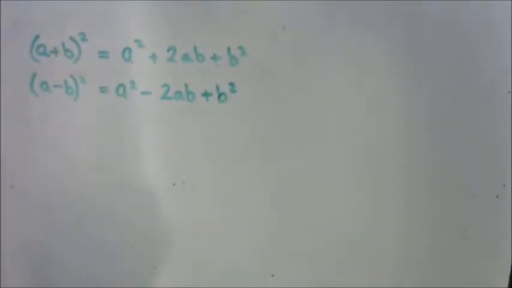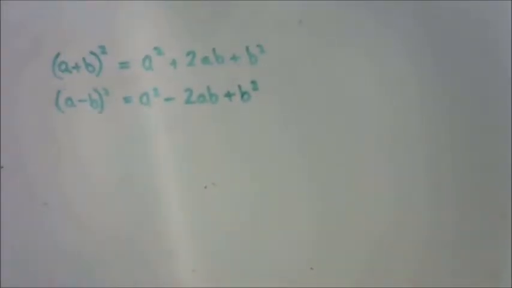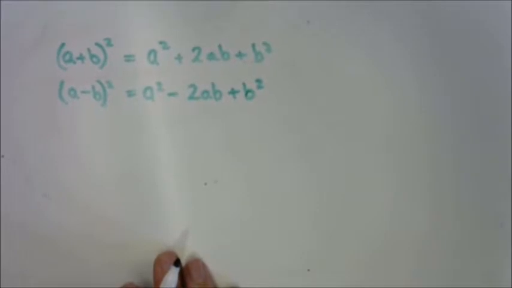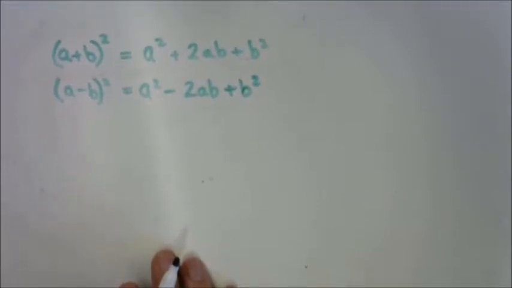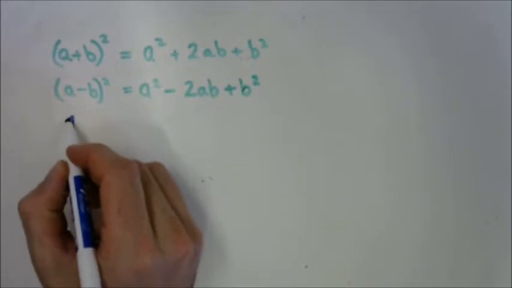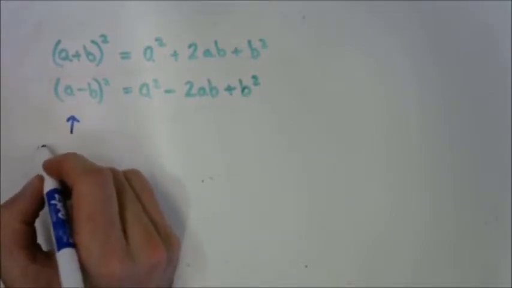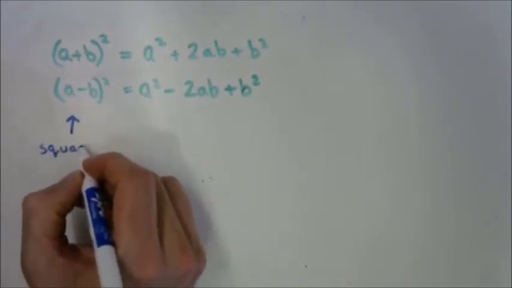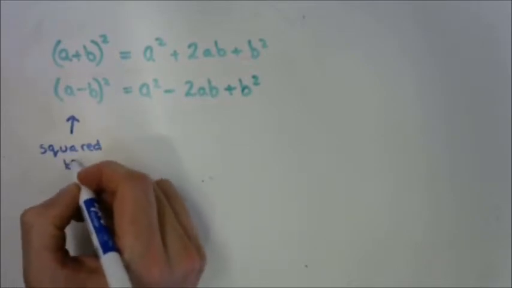There's your 2 patterns. If you can memorize that, you will do well. This comes up all the time. It'll come up again in grade 11, and you'll be able to recognize, oh, that's a squared binomial. Oh, that's a perfect square trinomial. This side is called a squared binomial.